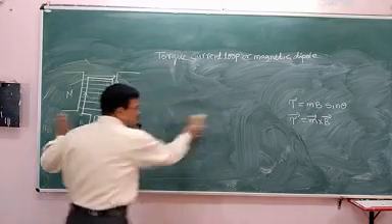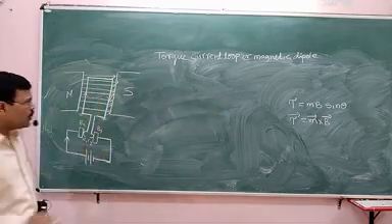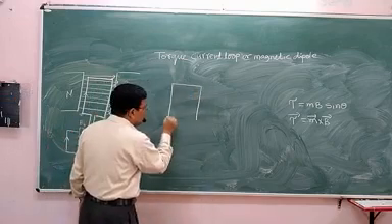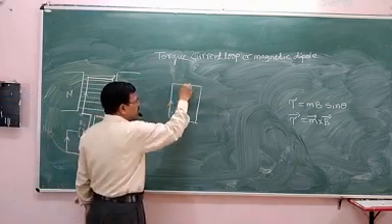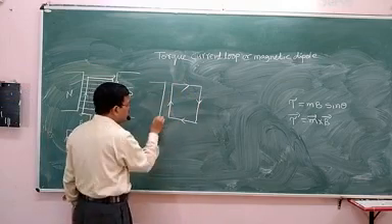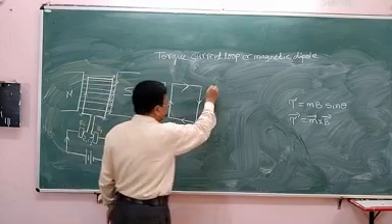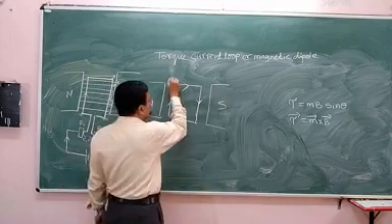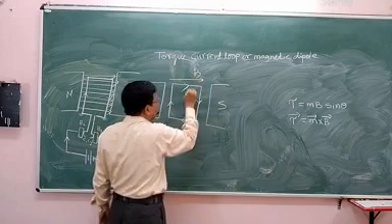Fine. The same diagram can be drawn in a simple way like this. Here it is a rectangular current carrying coil and it is kept in the magnetic field. Here is a magnetic field. Here is a current.